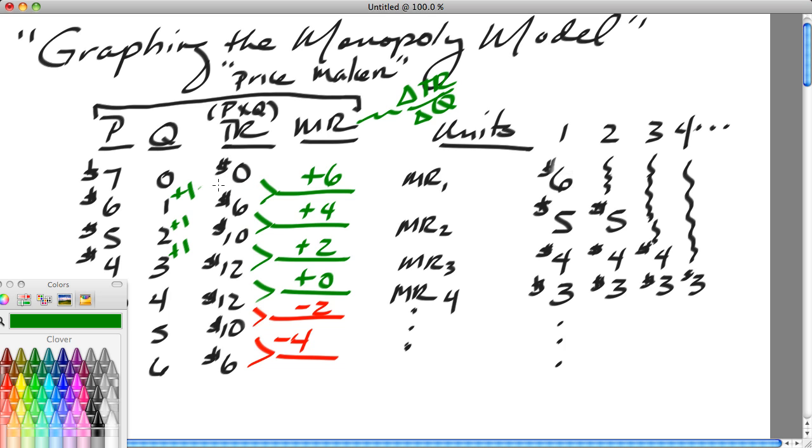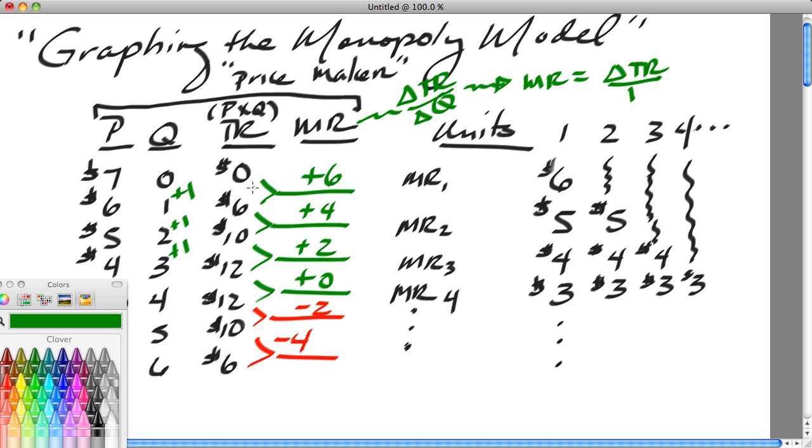We go from 0 units to 1 unit, our revenue jumps by 6. We go from 1 unit to 2 units, our revenue jumps by 4. So in this case, notice Q is always changing by 1, so we could really say that marginal revenue is simply the change in total revenue. After all, the change in Q is always 1. Anything divided by 1 is itself.